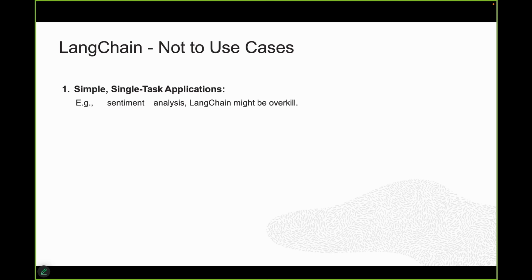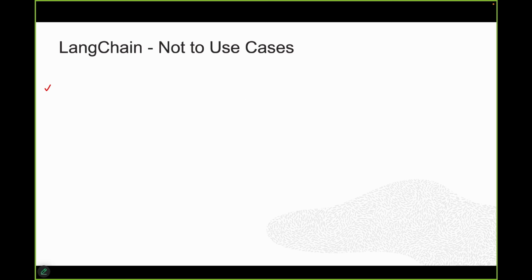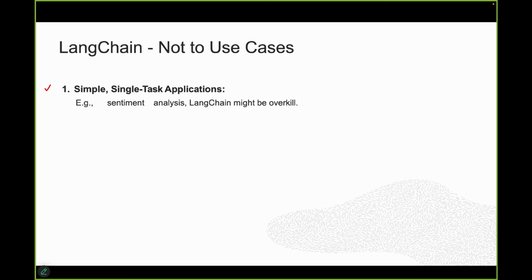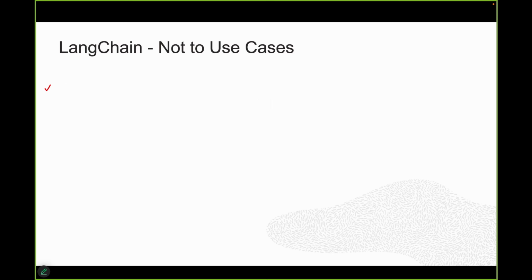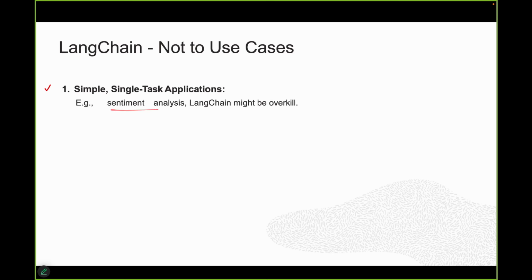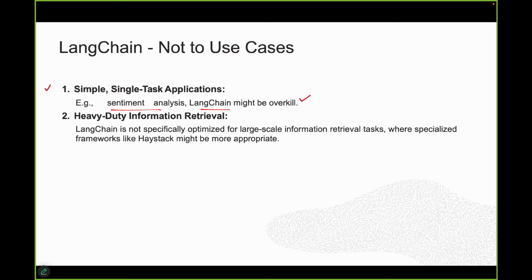Not to use cases. When it is not recommended to use LangChain. For example, if you are creating a simple single task application, there is no point using LangChain. For example, sentiment analysis, then LangChain might be overkill. Or heavy duty information retrieval.